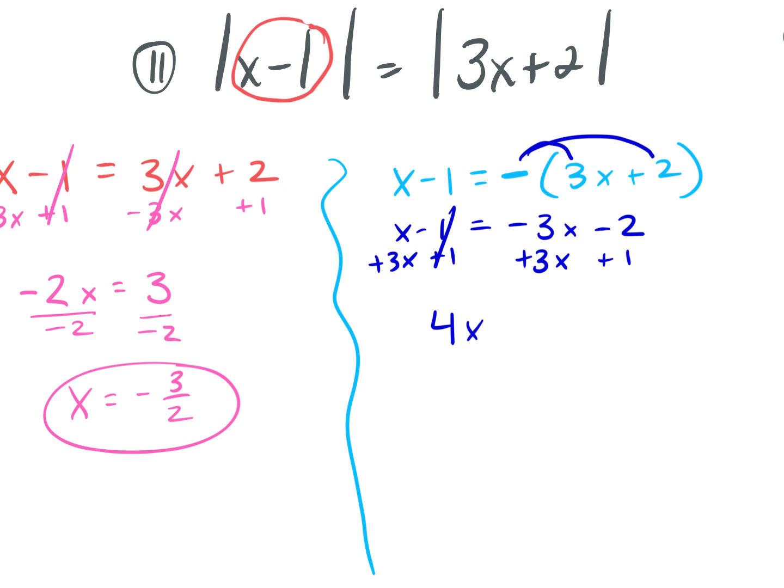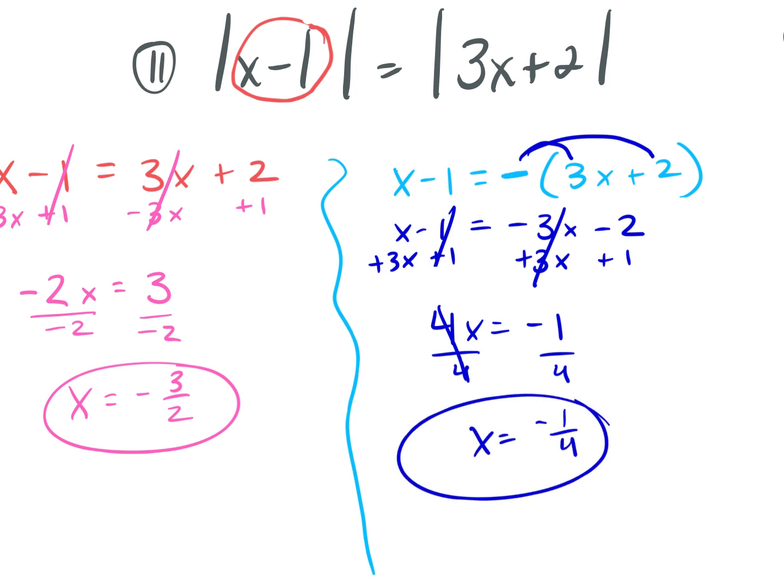So 4x is equal to negative 1. Then what do? Divide by 4. So x is equal to negative 1 over 4. So those would be our two answers here.